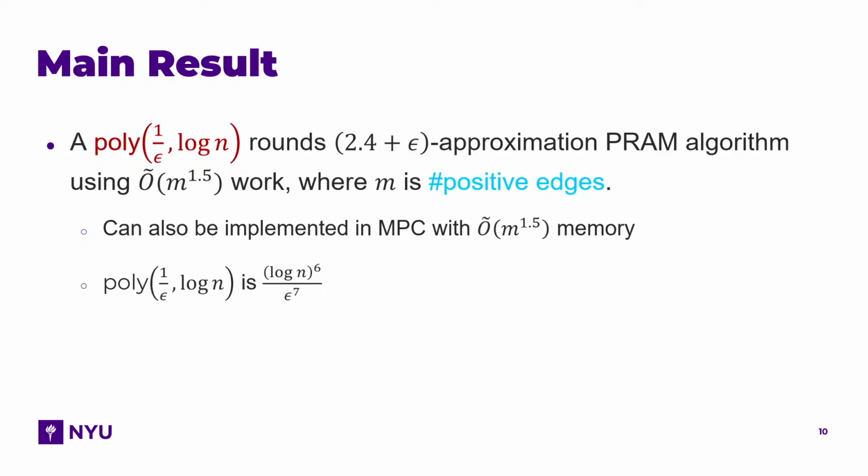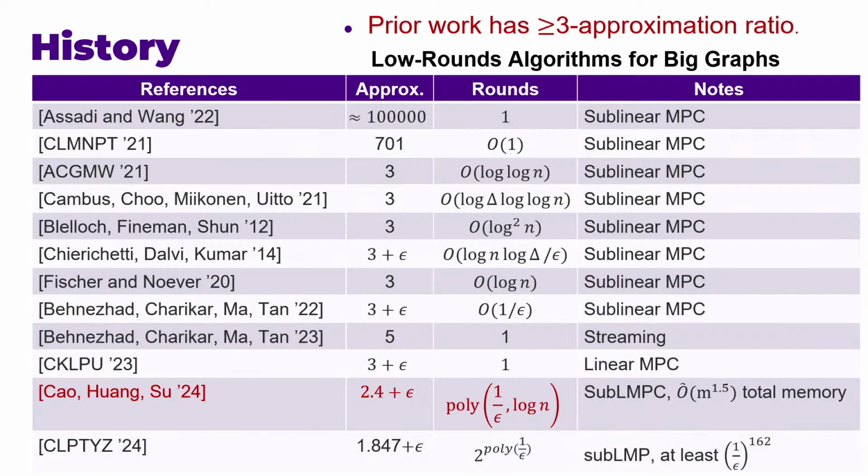So this is our main result: a low depth algorithm with better than 3, 2.4 plus epsilon. And actually, after our work, there is a new work that achieves a 1.847 approximation in this MPC model, and their rounds are constant, 2 to the poly(1/epsilon). You can think of 1 over epsilon as 1/10.